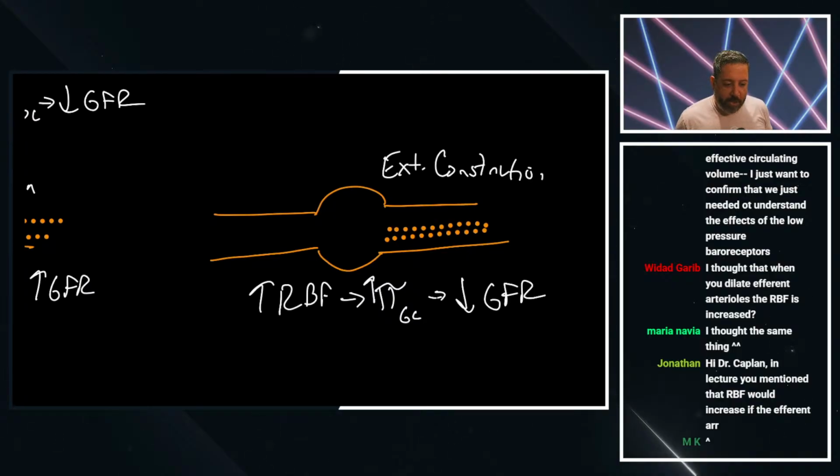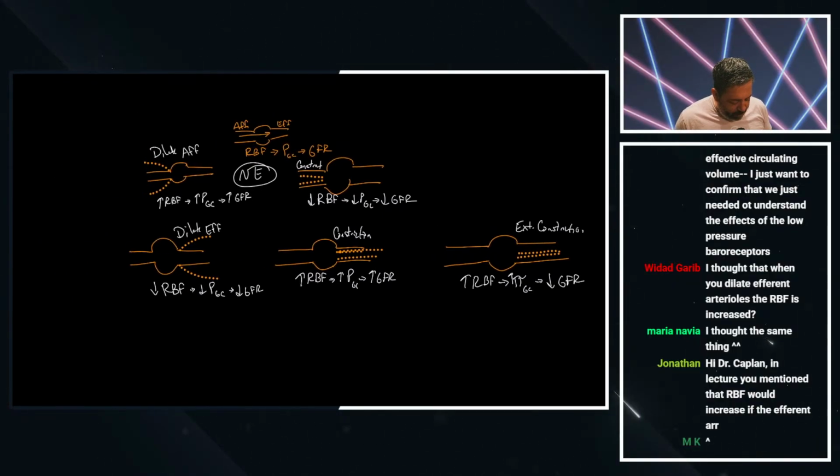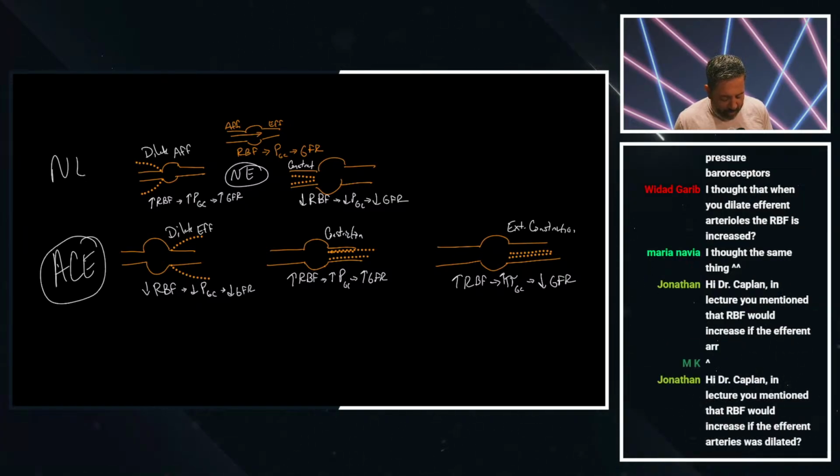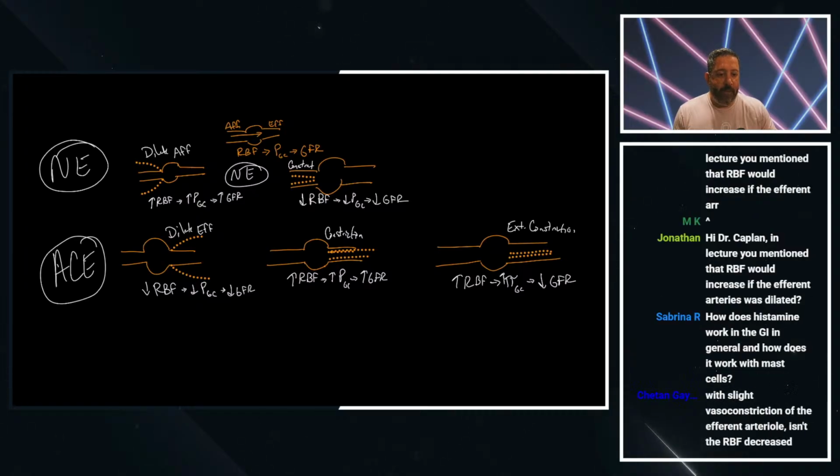This is the special situation compared to the other ones. These efferents are under the effects of angiotensin converting enzyme. The afferents, again, are under the influence of norepinephrine. So when it comes to these afferent and efferents, that's what's going on there. So make sure you understand that one for tomorrow.